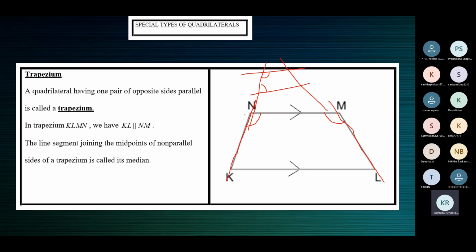This is a transversal, but these two are not parallel lines. So you cannot say that these two are co-interior angles. This can be the transversal, but these two are not parallel, so these are not co-interior angles.